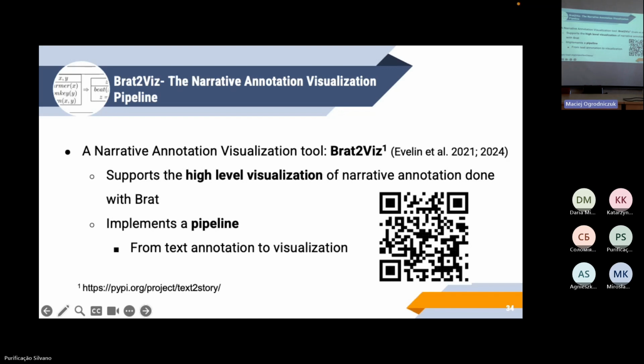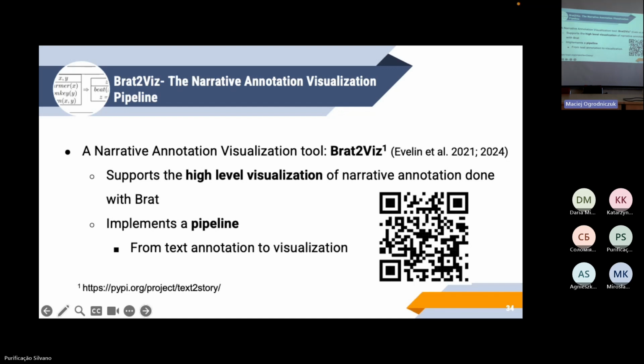It is a pipeline that allows us to represent the annotated information and generate different types of visualizations, okay? We have two papers published on this idea, one in 21 and now more recently in 24, where my colleague Evelyn was there to present the work.